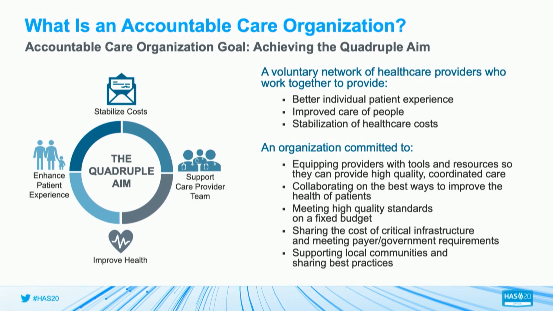Starting at the very top of the quadruple aim, if we think about our opportunity or ability to stabilize costs, I previously shared with you that we now have almost or just over 50% of Vermonters who are eligible to be a part of these value-based contracts and being a part of the ACO.